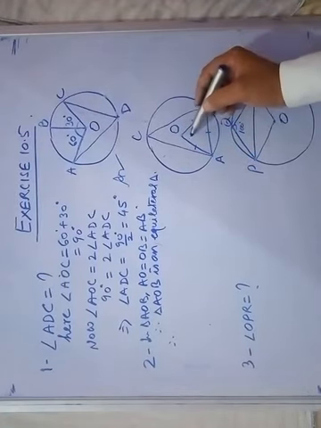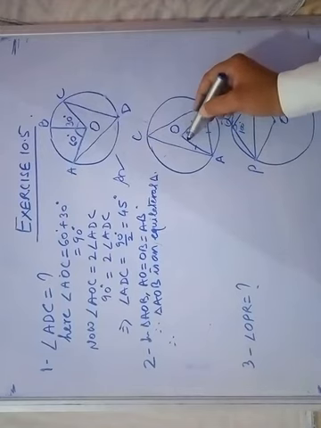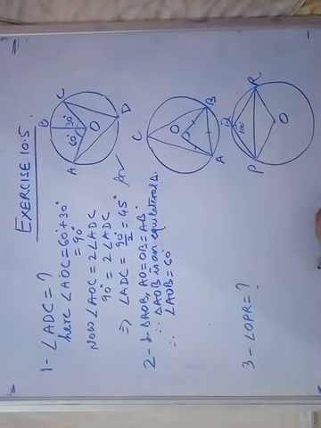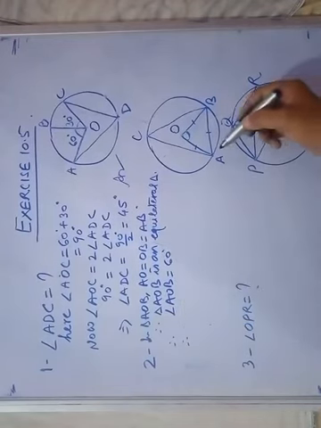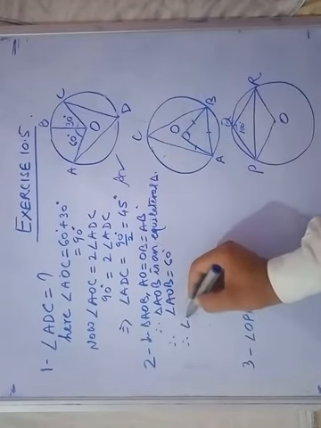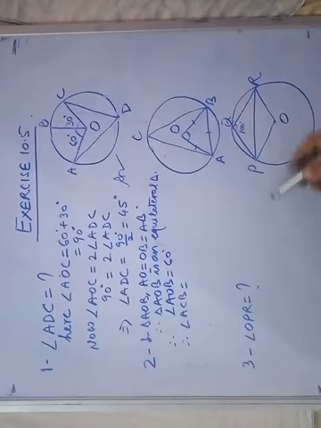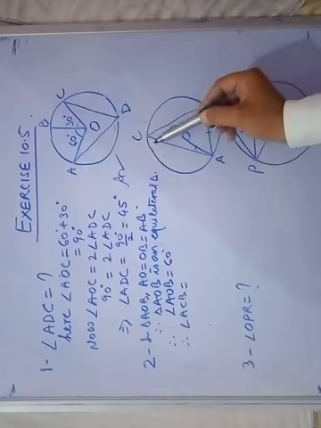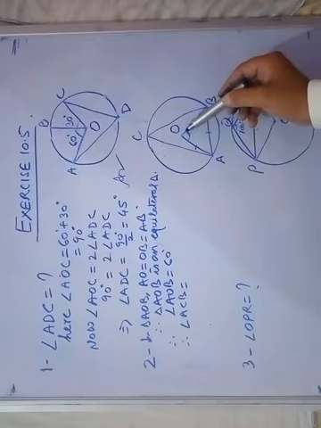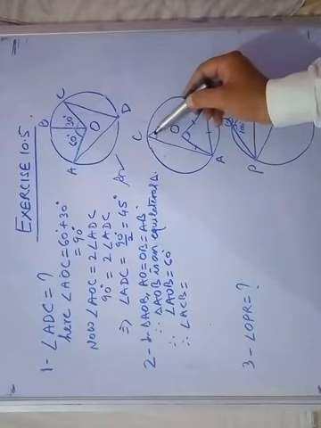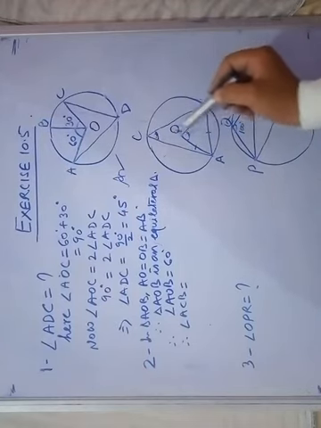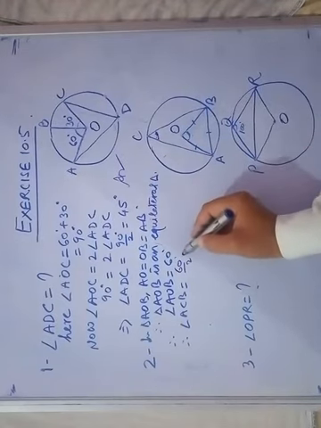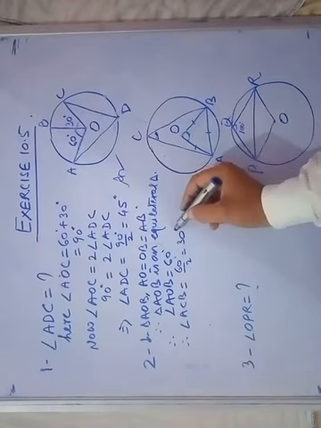It means angle AOB is 60 degrees. Therefore angle ACB equals, as we know that the angle subtended by an arc at the center is twice the angle at the remaining circle, so this angle will be twice this angle. It means angle ACB equals half of 60, that is 30 degrees.